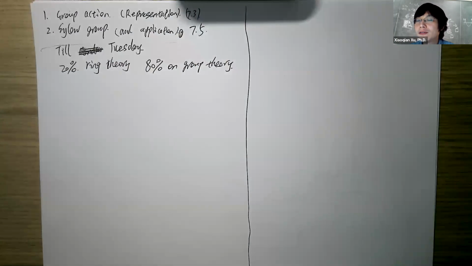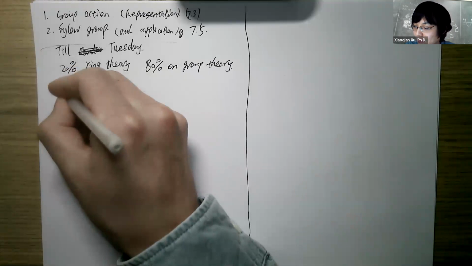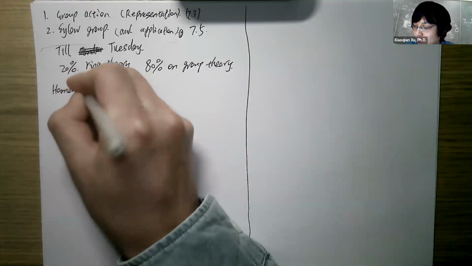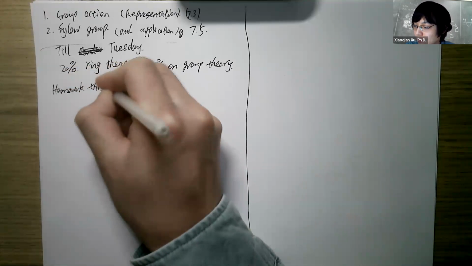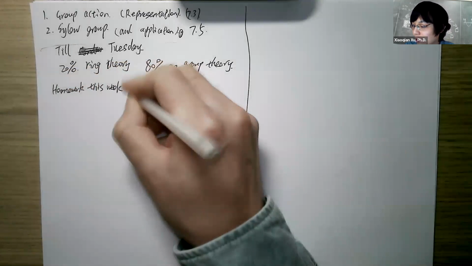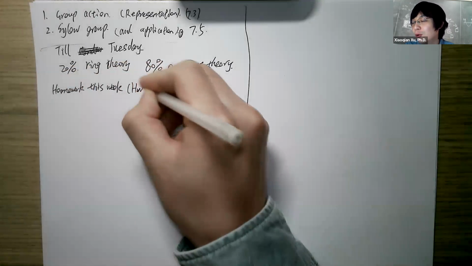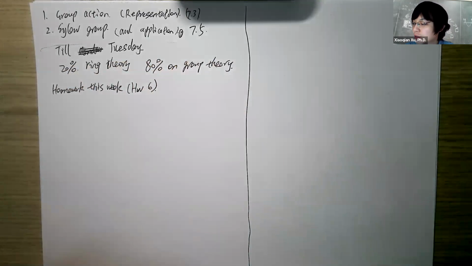So that's for the final. And also the homework this week would be the last homework. But then the problem is, when should you submit it? Okay. So the way I'm going to do it is, the homework this week, which is homework 6, will be optional.